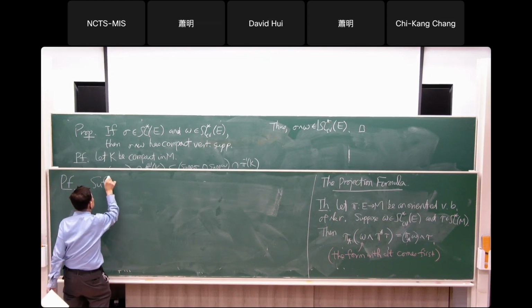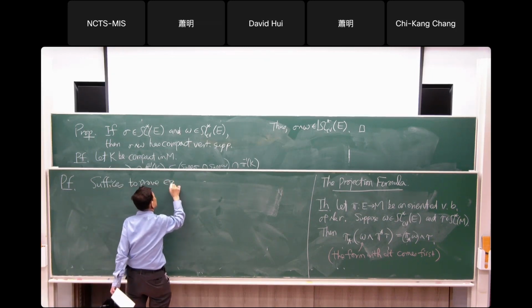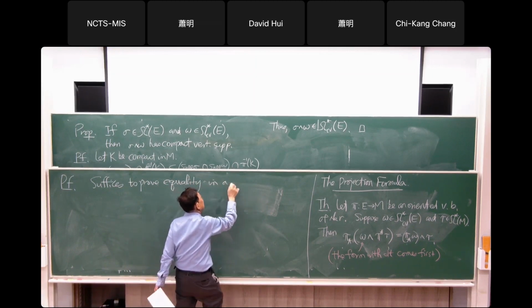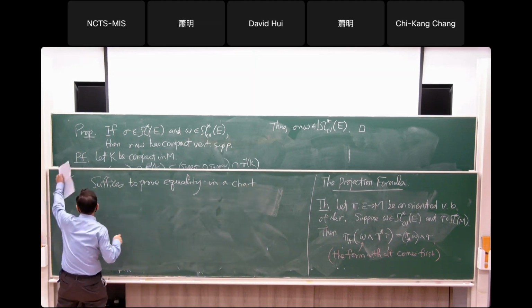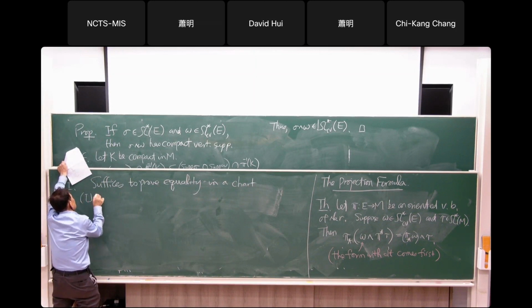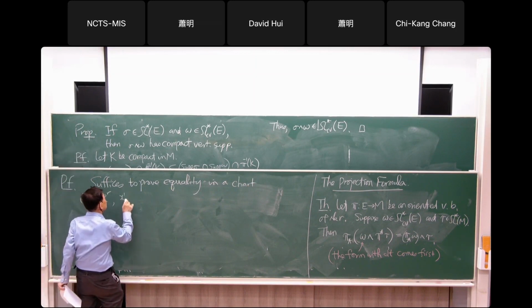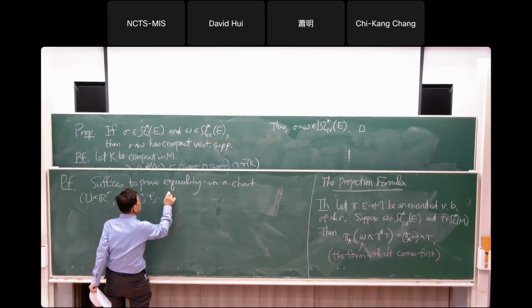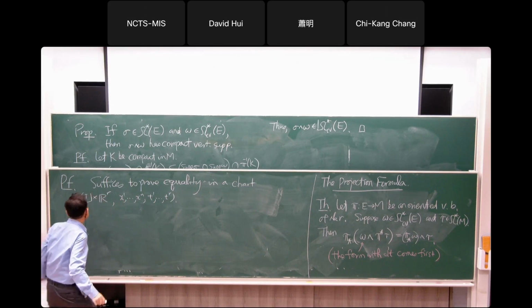So it suffices to prove equality in a chart of U cross R to the r. The coordinates on U are x1 to xn. The coordinates in R are t1 to tr. And then omega.